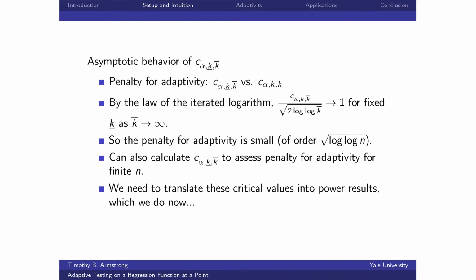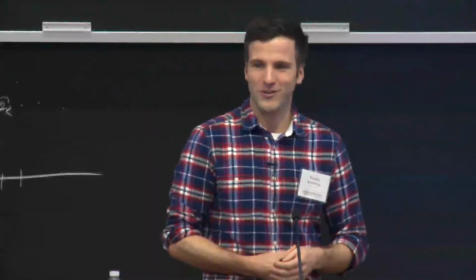So the penalty for adaptivity is root log k upper bar, but it's going to be proportional to root log n with the rates at which k upper bar is going to increase. Intuitively, this is telling us that it's small. Log of n is very small, and if you take the square root of it, it's smaller still. So in some sense, this is good news.